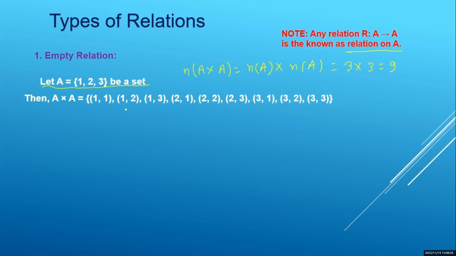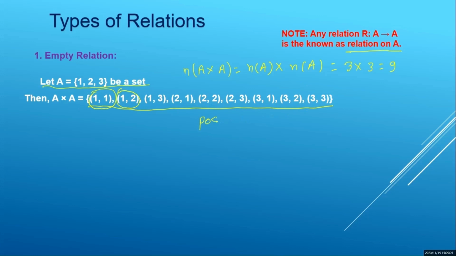And if there are 9 ordered pairs and we suppose this Cartesian product is a set, each ordered pair in this Cartesian product is an element of this set. Here (1, 1) is one of the elements, (1, 2) is another element. Similarly, there are 9 elements in this set. And if there are 9 elements in the set, then how many subsets can we get?